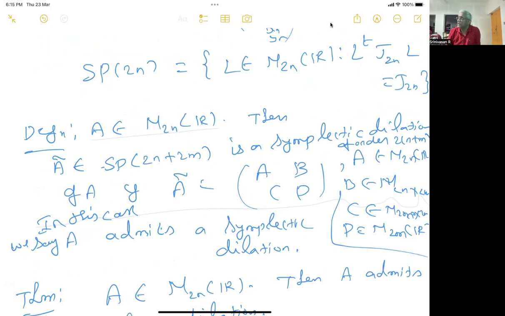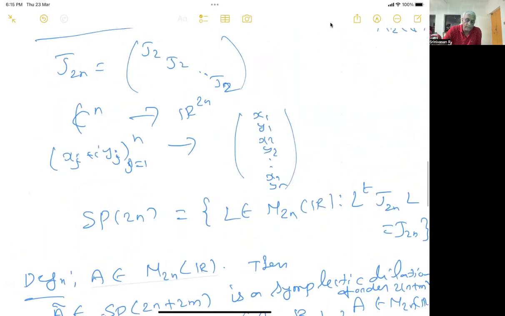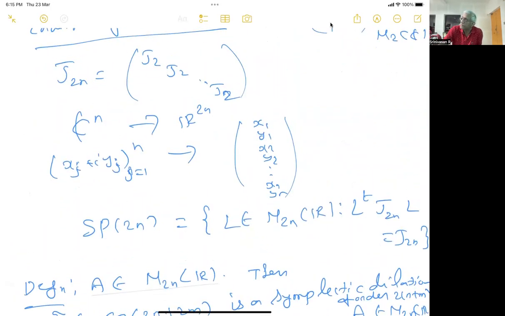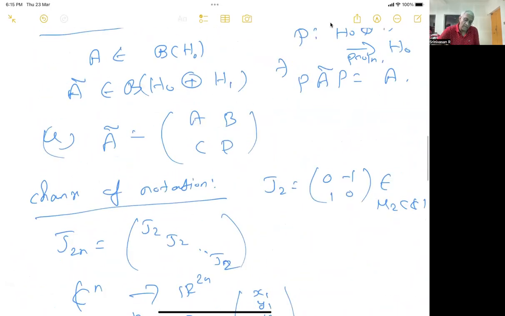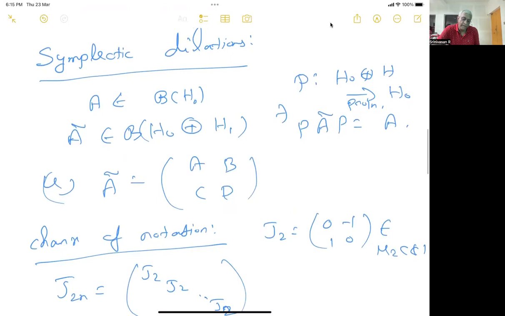There exists P, which is a projection, such that P A tilde P is equal to A000. I mean, A. That's all. It is A basically, as an operator. Okay. Right.